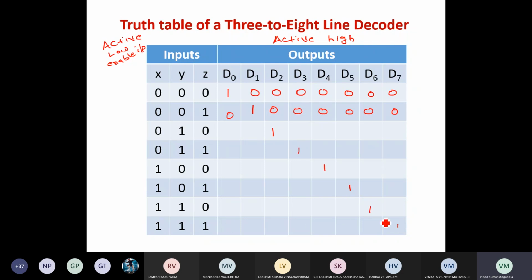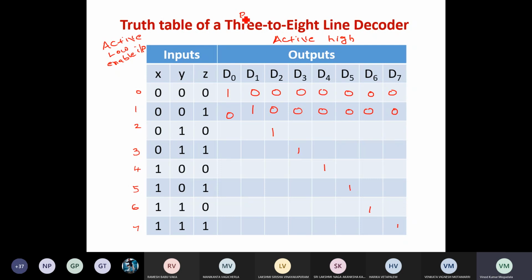For 1 1 1, D7 will be 1. In fact, these are the corresponding decimal equivalents: 0, 1, 2, 3, 4, 5, 6, 7. So we have 8 outputs. If the binary input is 0 0 0, only D0 is 1.